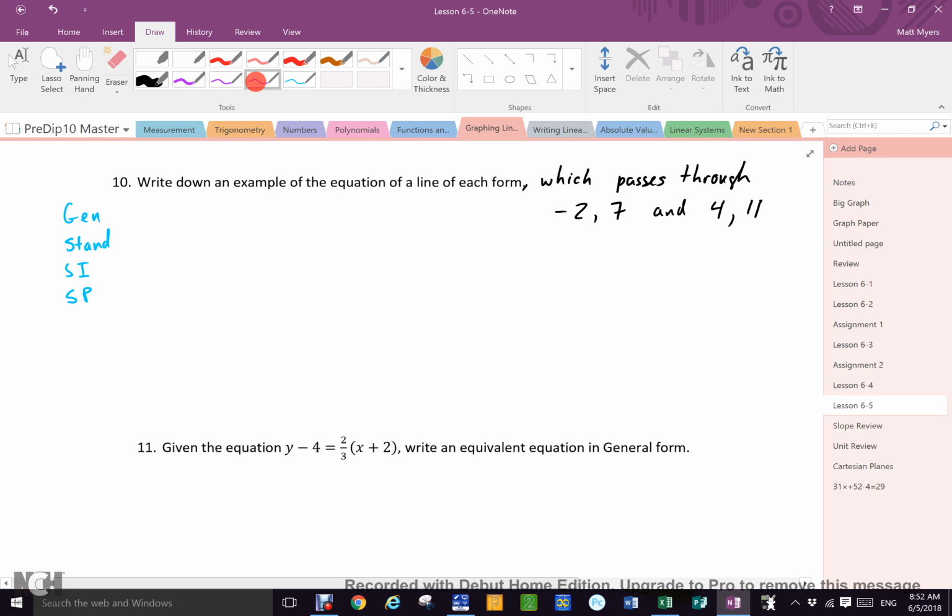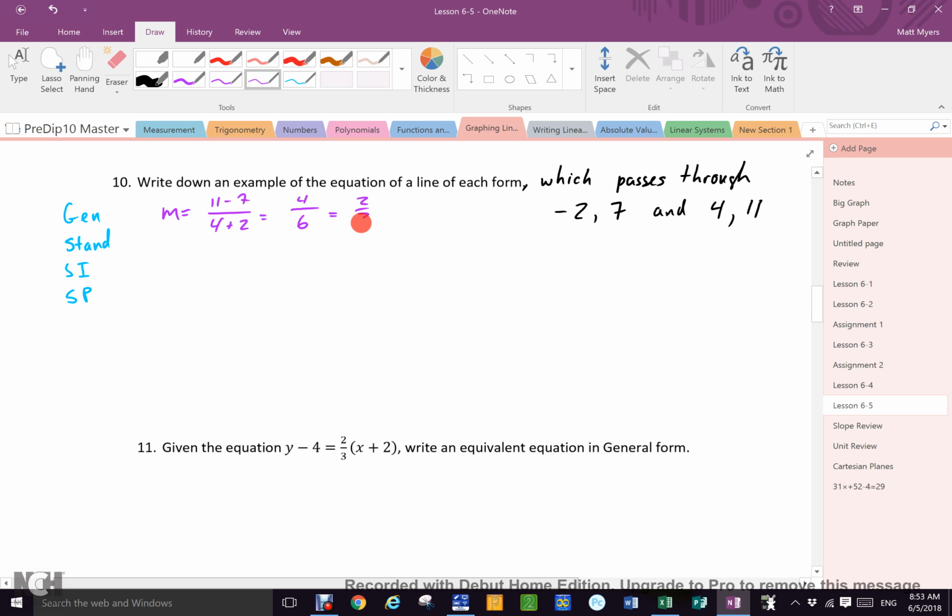No, but you needed to find something first. What did you need to find? Slope. What is the slope? 11 minus 7 over 4 plus 2, right? Which is 4 over what? 6, which is 2/3.